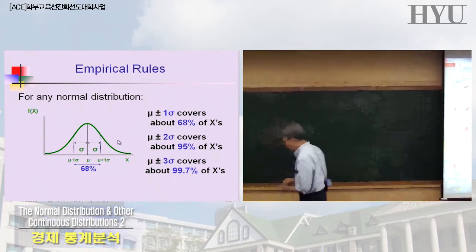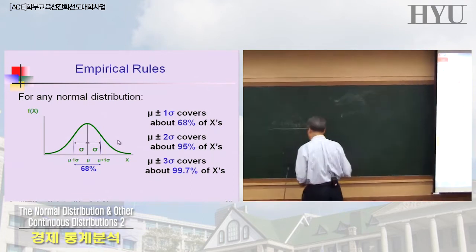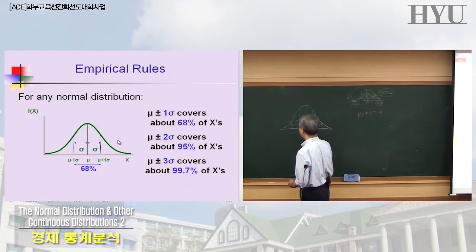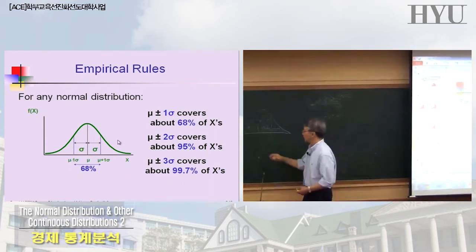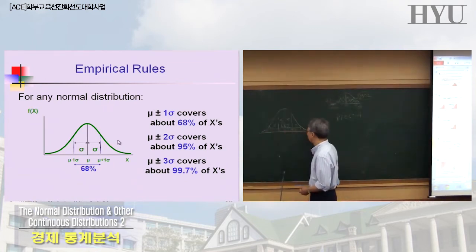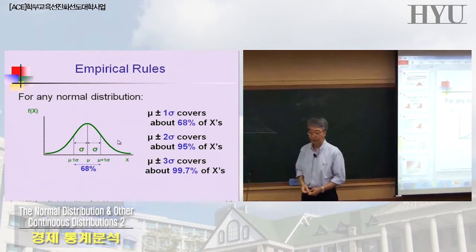If you extend it to three standard deviations, that's six sigma, okay? So 1, 2, 3, 4, 5, 6 sigma area, right? Then it covers 99.7%, almost 100% of the distribution.